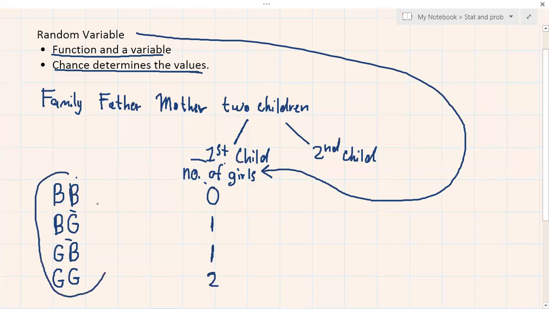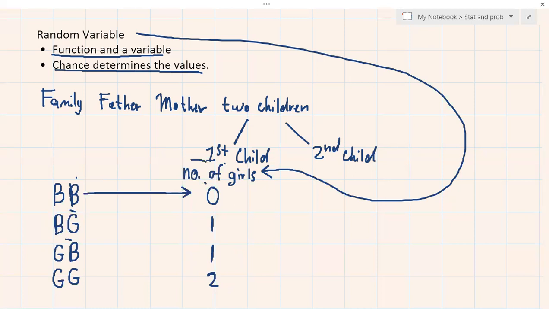Then yung sample space mo rito, we're talking about the possibility kung ano yung magiging gender ng first child at ang second child mo. Alright? So, on the first outcome, okay, first possible outcome, dalawang boys. So, meaning, there are total of 0 girls.